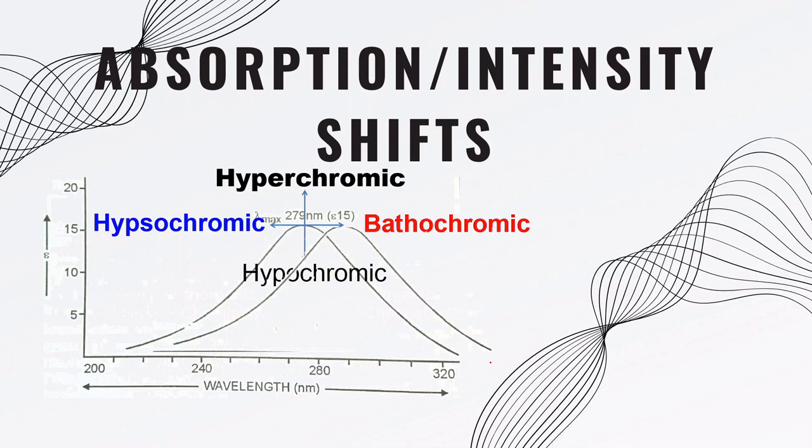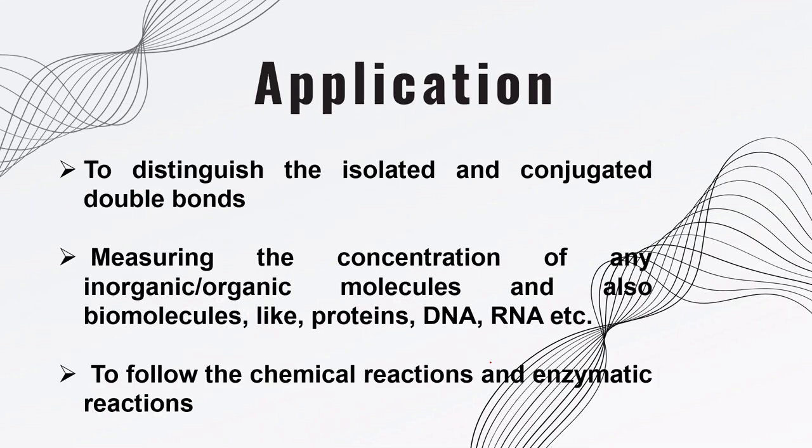I would also like to say about its applications. Most of the time UV-Vis spectroscopy is used to distinguish isolated and conjugated double bonds, especially in organic chemistry. For structural elucidation, we use lambda max value to distinguish conjugated and non-conjugated double bonds.